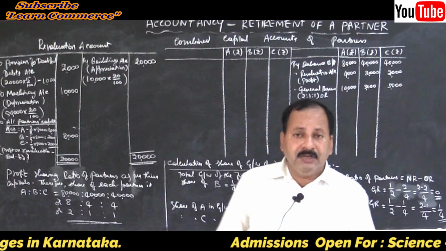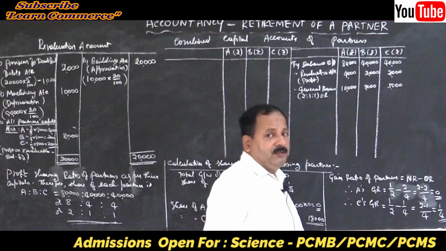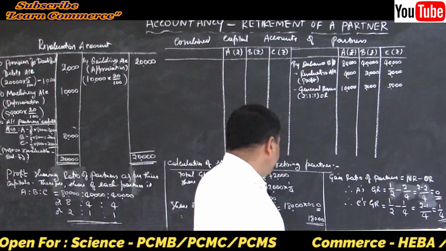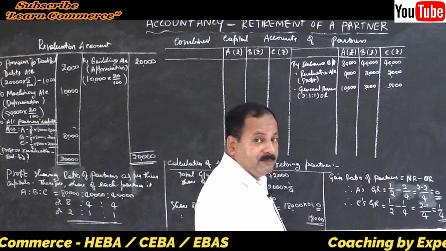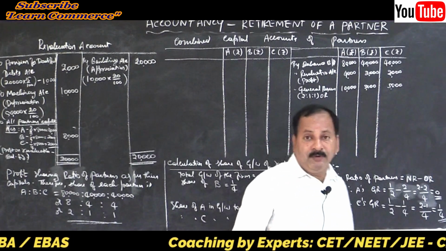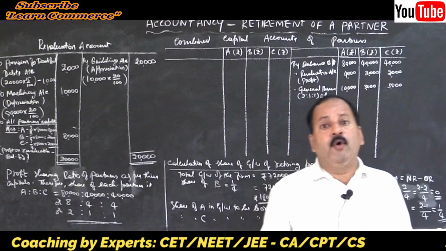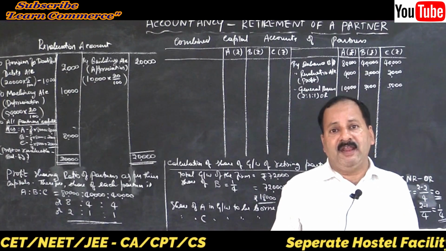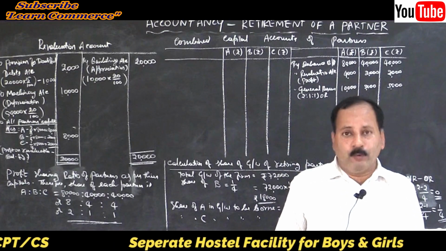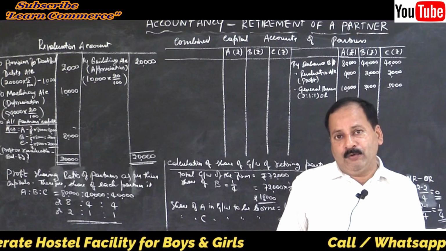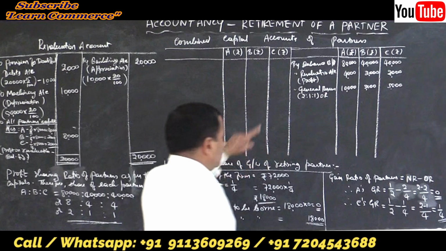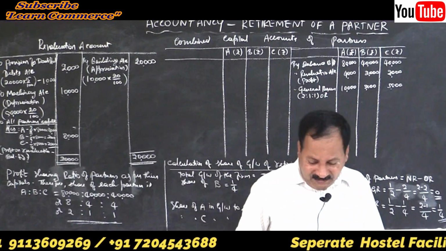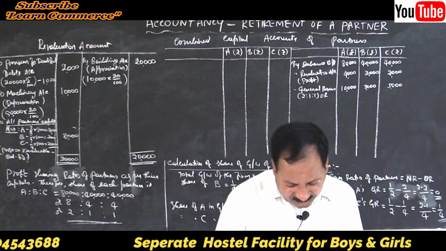The total goodwill of retiring partner Bhimu should be borne by Chandru alone. That is what you have to do here. So let us move on. General reserve, it is credited, nothing else, no other things to be done.